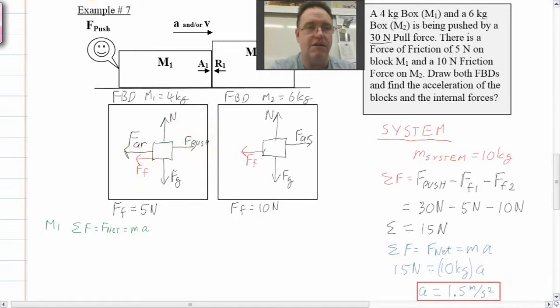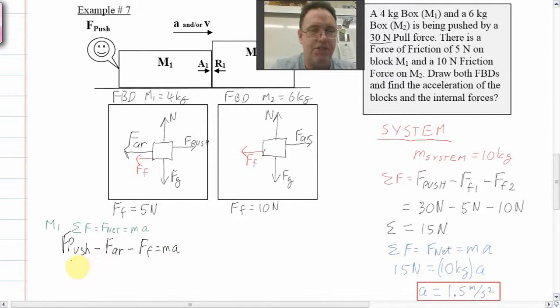So it's the force of the push minus the action-reaction minus the force of friction equals MA.